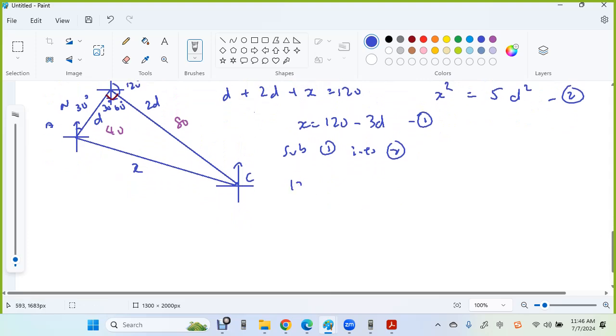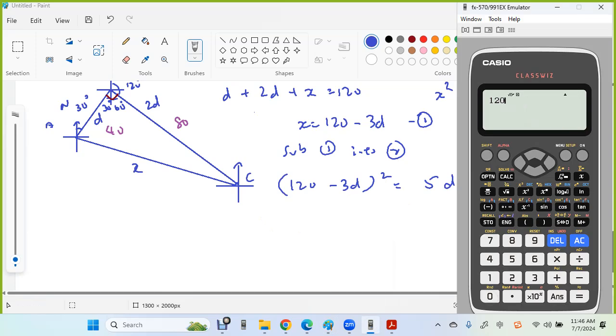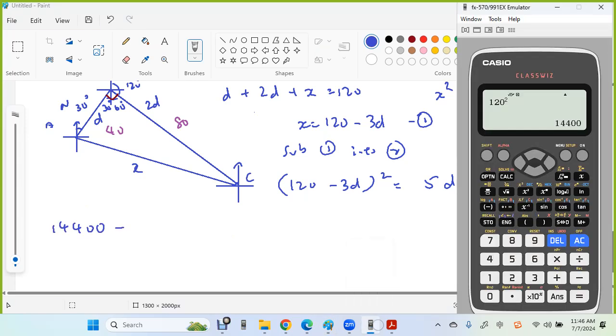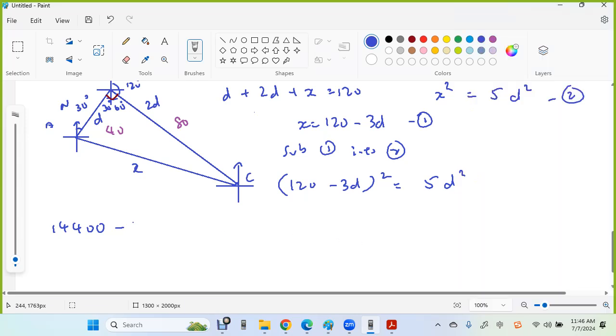Then we have 120 minus 3D, squared, equal to 5D squared. So the 120 squared will be 14400 minus 2 times 120 times 3, 720D, plus 9D squared minus 5D squared equal to 0.